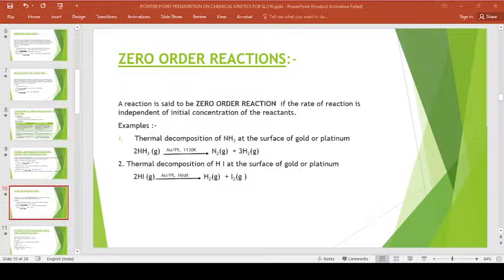You have to check whether the graph has the concentration of R in the form of R or in the form of ln R. If it is in the form of R, that is, if concentration of R is plotted with time, then it will be of zero order. If ln R is plotted with time, then it will be of first order reaction.